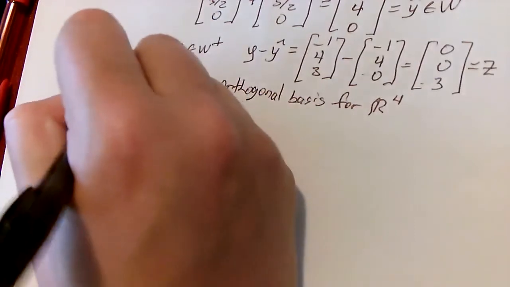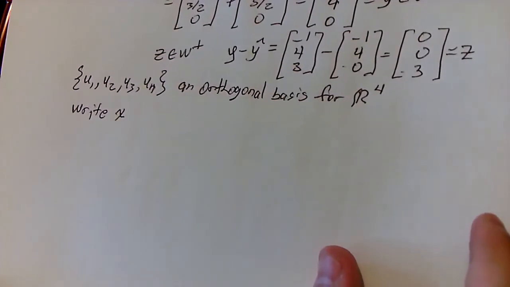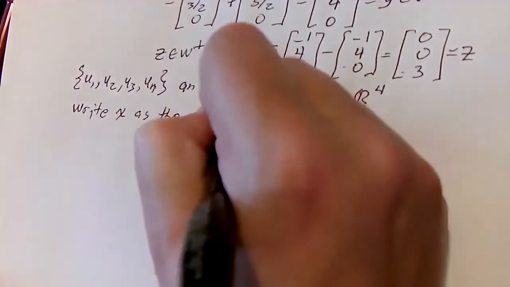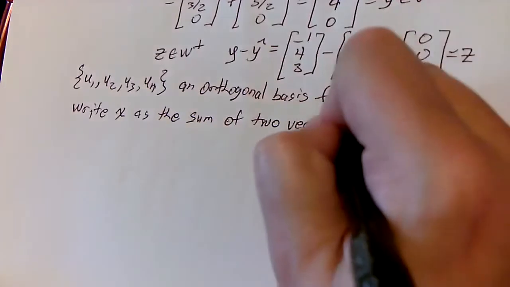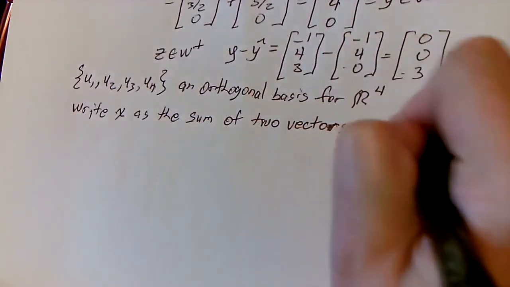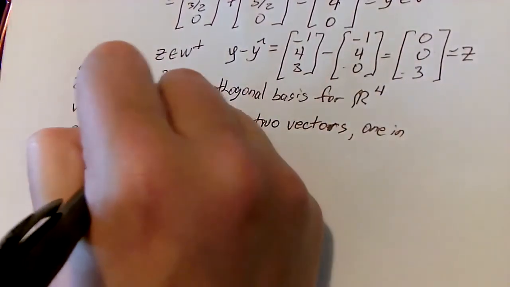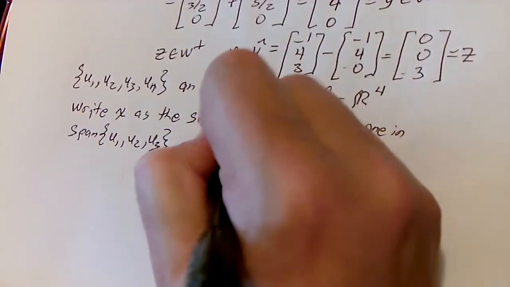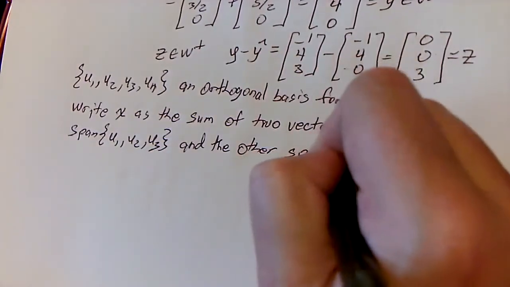We're going to write X as the sum of two vectors, one that's in the span of U1, U2, and U3, and the other that's in the span of U4.